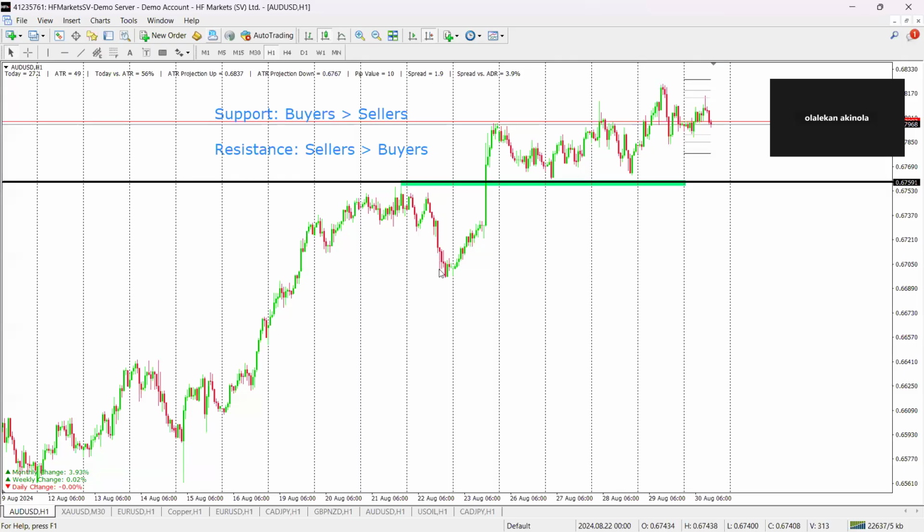You see this rejection at this point, it was a really good rejection. But then when the dollar started losing value, following market expectation of a 50 basis point cut in interest rate for the Federal Reserve, we saw a breakout. It was massive.